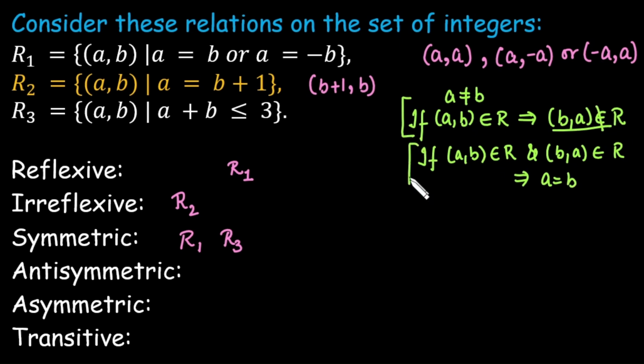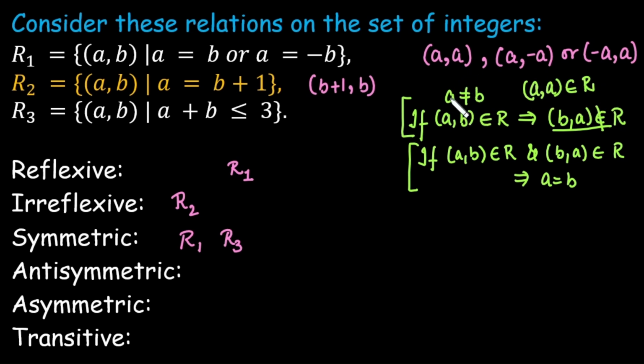Second, from here we can say that elements of the form (A, A) can be there. It is not required that for every element such ordered pairs exist in a relation, meaning it can be there or cannot be there. So we will not worry about such elements.